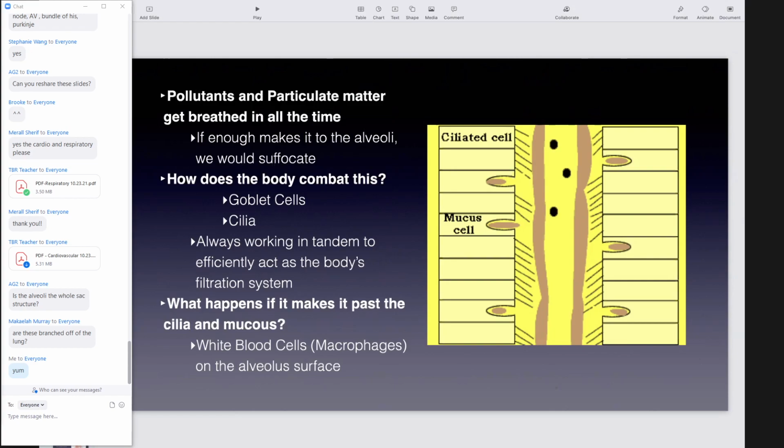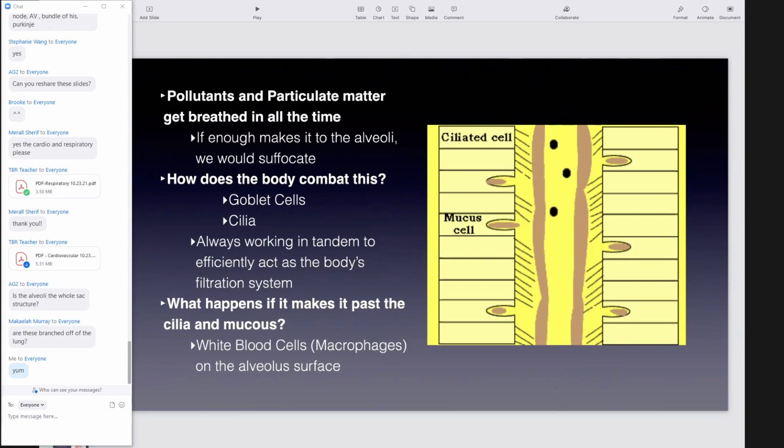Now, sometimes the mucus and the cilia don't do their job, and you get things that float past and get into the alveoli. Well, that would be bad, because if stuff builds up and builds up in the alveoli, you're pretty much going to suffocate yourself, because you're going to be blocking off all that surface area.